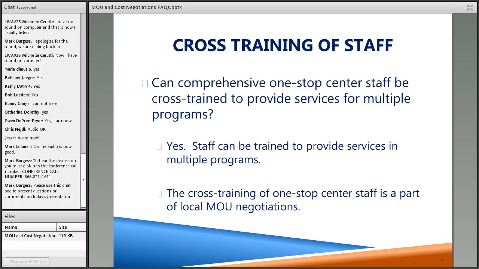So again, as you work it out locally, it is possible for staff in one program to provide access to services in another program, provided they are trained to do that and have the capability to do that. And that cross-training and that staff contribution where that happened would, again, be part of local MOU negotiations, as is really everything.